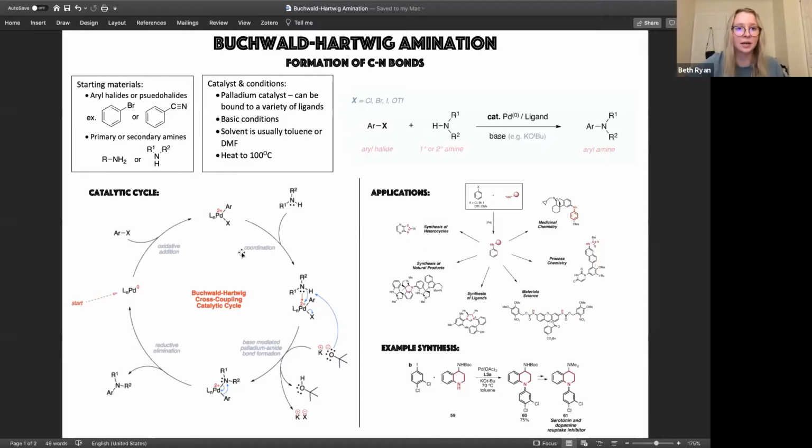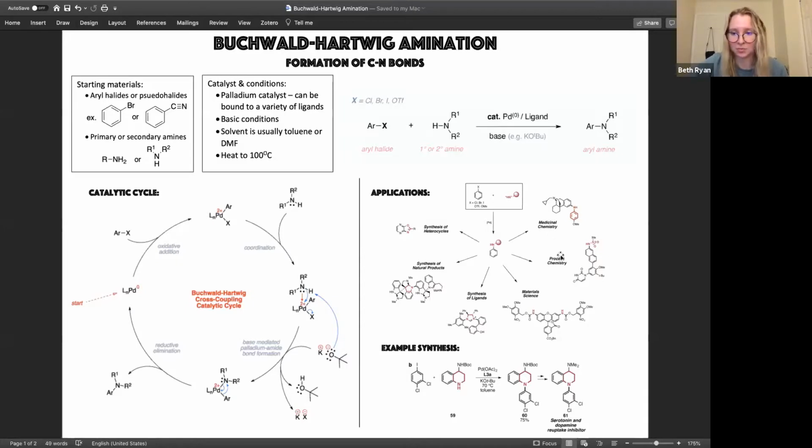And originally, I struggled finding the applications of this, but then I stumbled on a literally 86-page paper titled Applications of Palladium-Catalyzed Carbon-Nitrogen Cross-Coupling Reactions, published by Stephen Buchwald in 2016. And this is one of the schemes he used, and it shows how useful this particular reaction is because of the importance of carbon-nitrogen bonds, especially in biologically active small molecules.